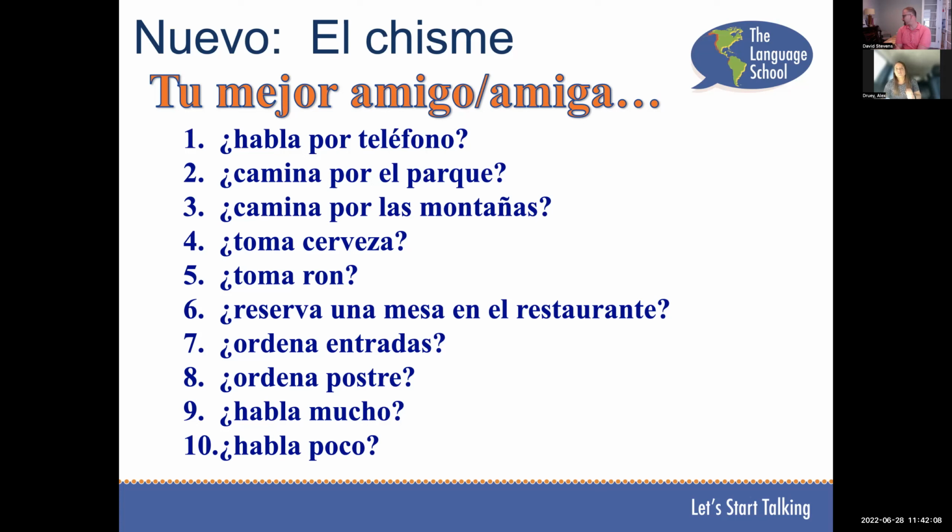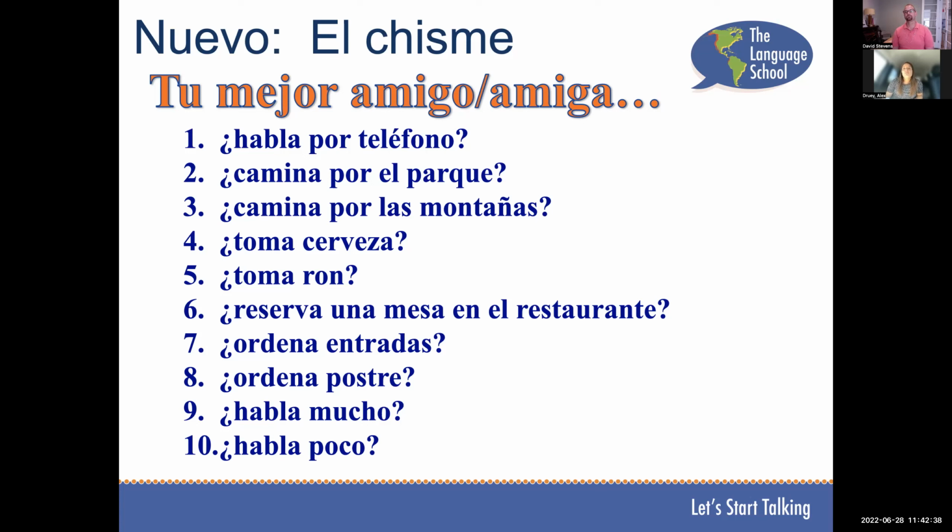¿Reserva una mesa en el restaurante? No, mi amiga no reserva una mesa en el restaurante. ¿Ordena entradas? Sí, mi mejor amiga ordena entradas. ¿Ordena postre?